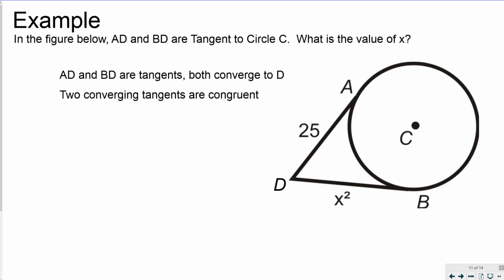If they are congruent, then the expressions that represent them are equal. So x squared in this case would equal 25. To solve for x, we take the square root of each side, and x would equal 5. So the value of x here is 5.